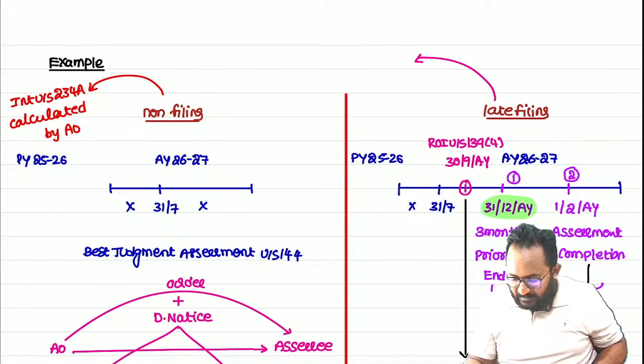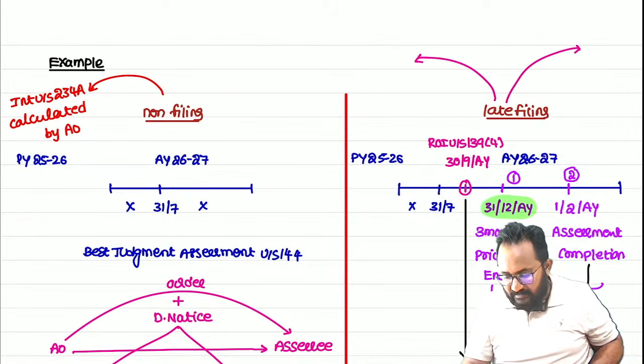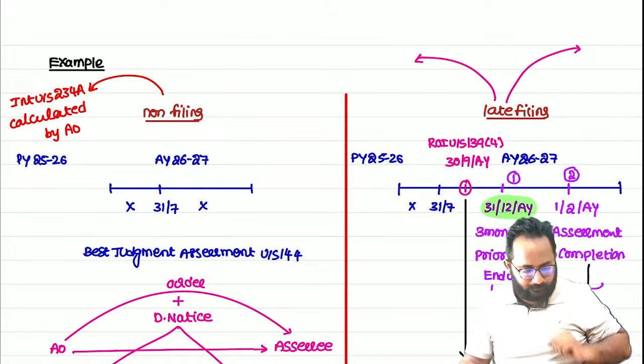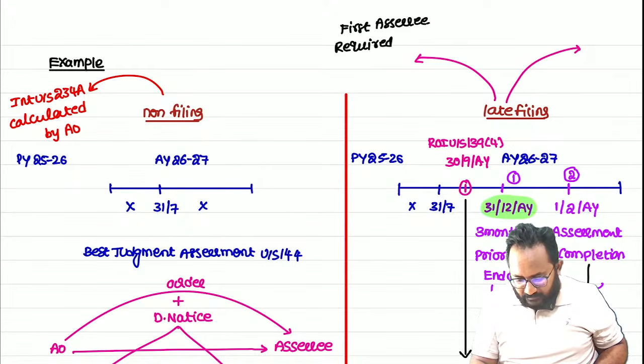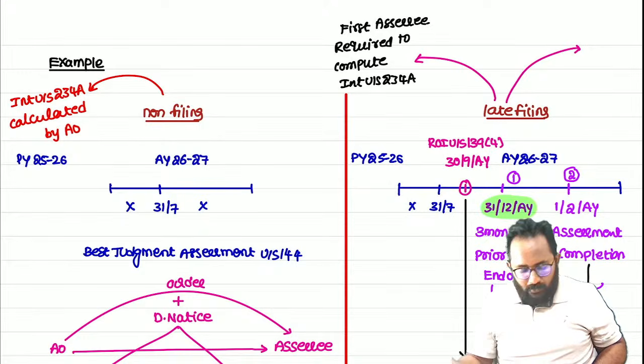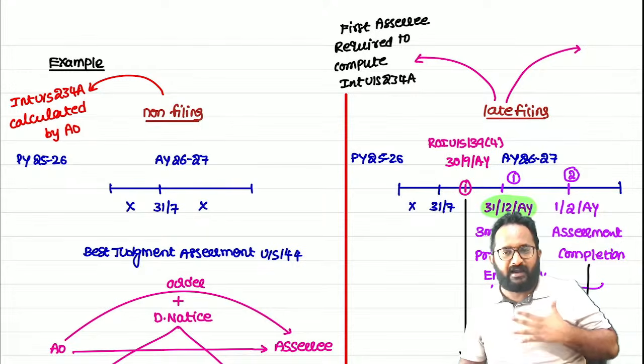Here the first interest, who will compute, and the next interest, who will recompute? Tell me, first who will compute? First SSC is required to compute interest under section 234A.